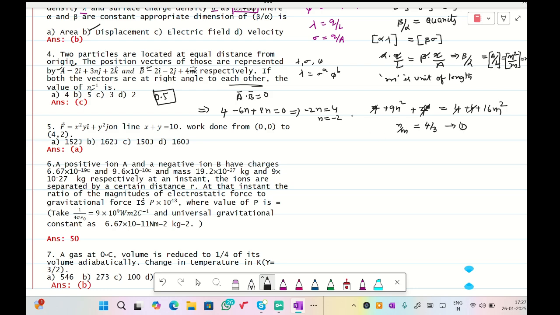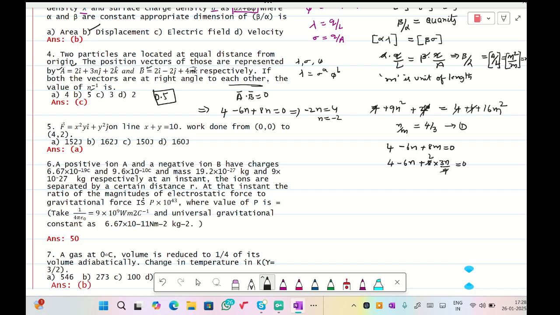Now suppose the dot product is 0, with m there: A dot B, 4 minus 6n plus 8m is equal to 0. Now they are asking n, so eliminate m. To eliminate m, I take m equal to 3n by 4. So 4 minus 6n plus 8 into 3n by 4 is equal to 0.